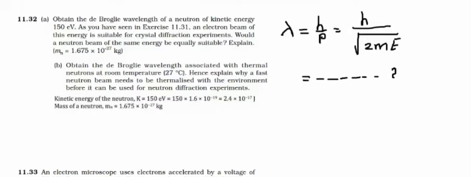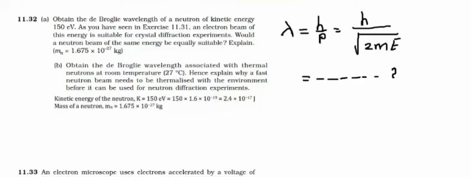In part A itself there is a second part. Would a neutron beam of the same energy be equally suitable? It's a continuation of question 31. In question 31 we have seen we can use an electron beam; X-ray and electron beam have almost the same de Broglie wavelength, so that we can use them to study the crystal structure and all.